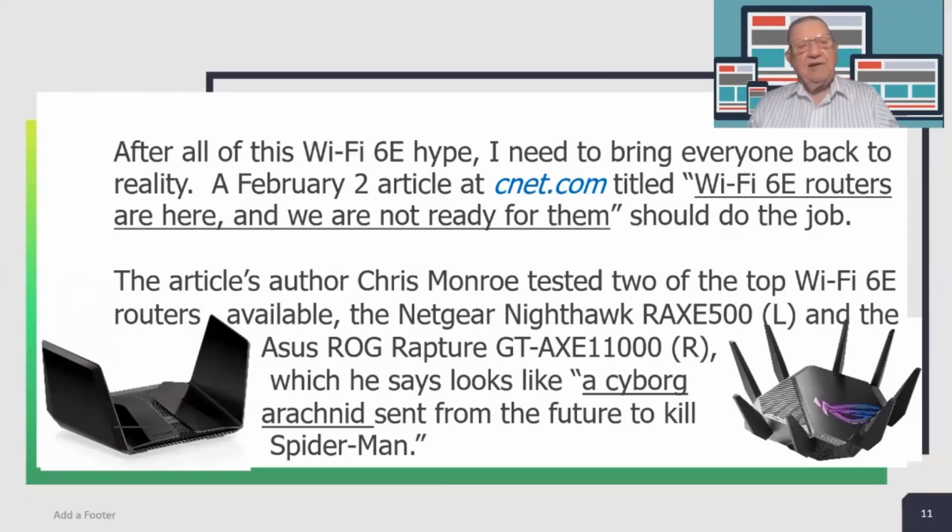The article's author, Chris Monroe, tested two of the top Wi-Fi 6E routers currently available, the Netgear Nighthawk RAXE500 left, which is generally considered very, very good, and also the ASUS ROG Rapture GT-AXE 11000 on the right, which Monroe says looks like a cyborg arachnid sent from the future to kill Spider-Man.